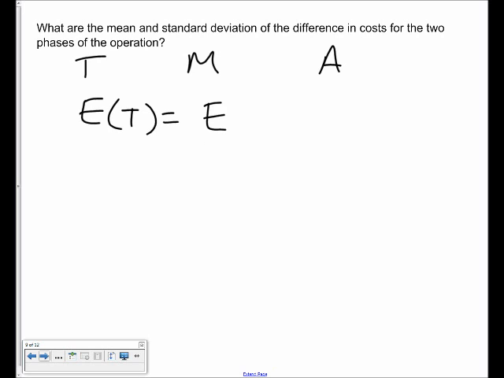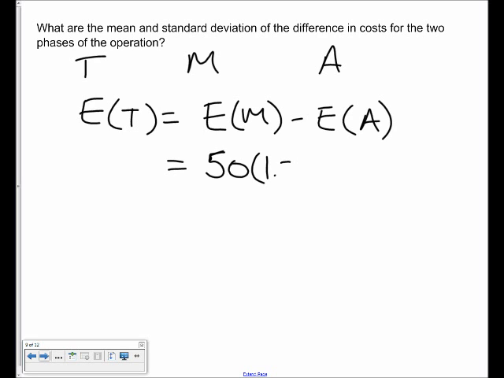I have my $50 times my 1.5, but this time minus my $6 times 1 hour. So that would be $75 minus $6, which is $69. That's how much I expect for the difference between these two phases for the cost of getting this car ready.